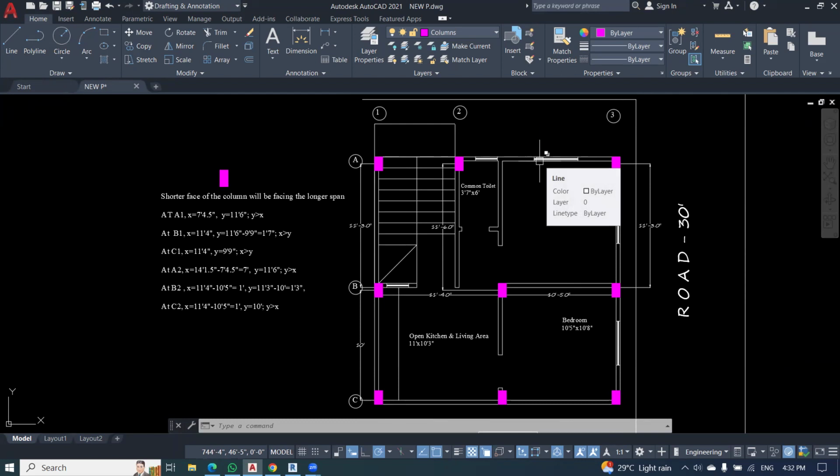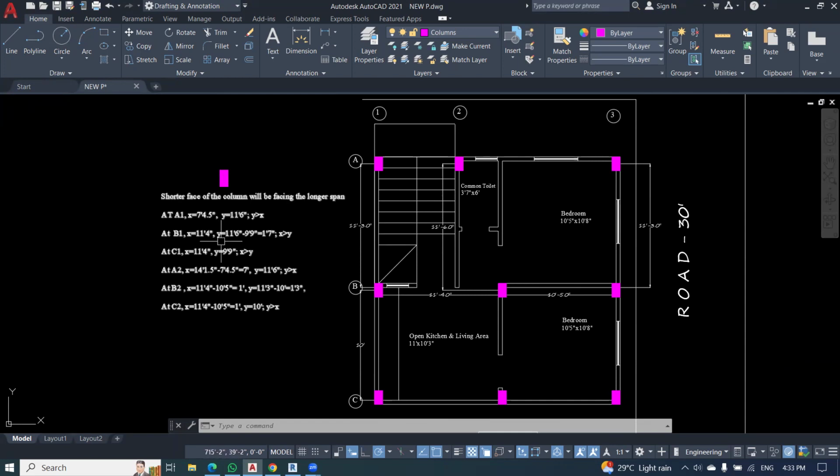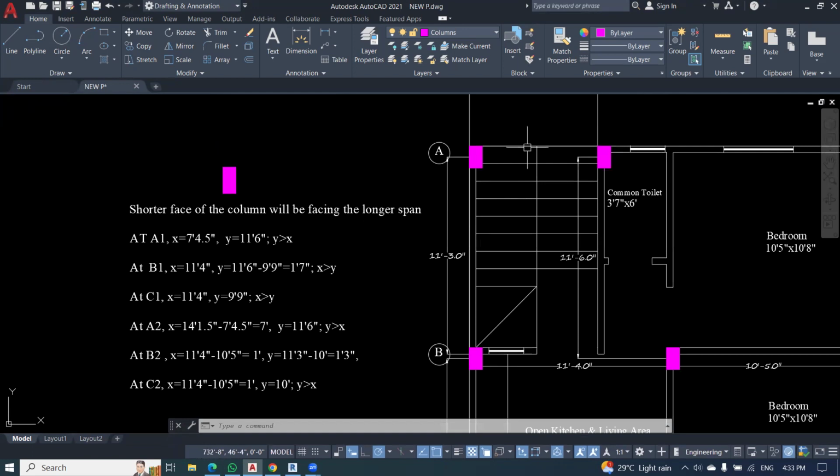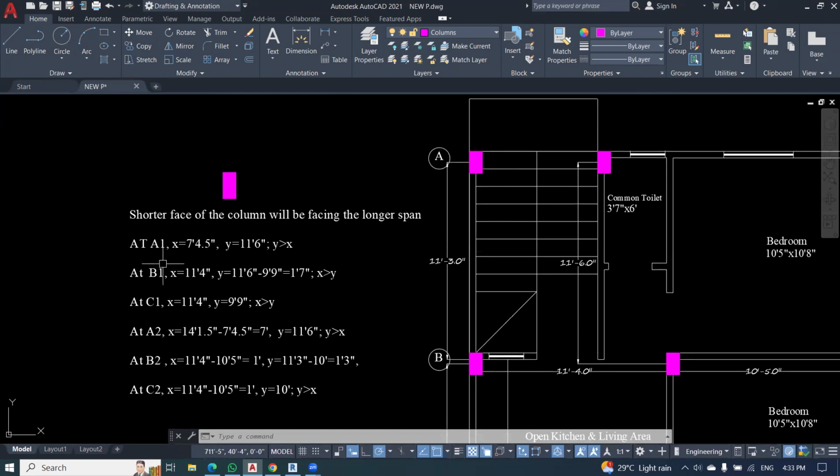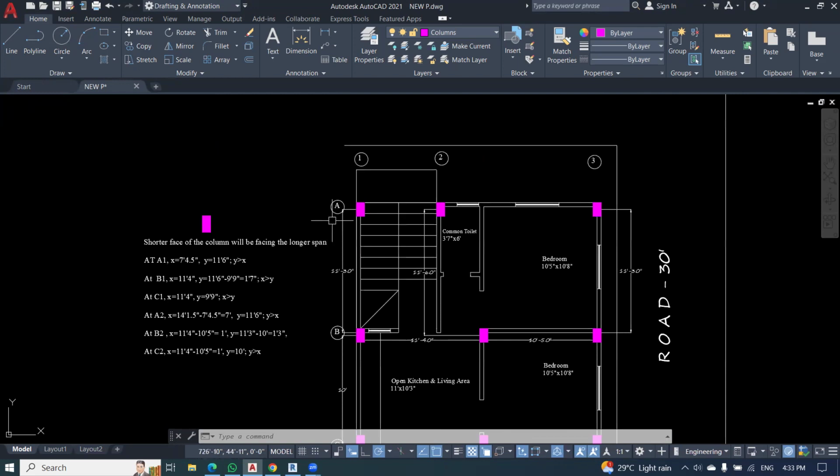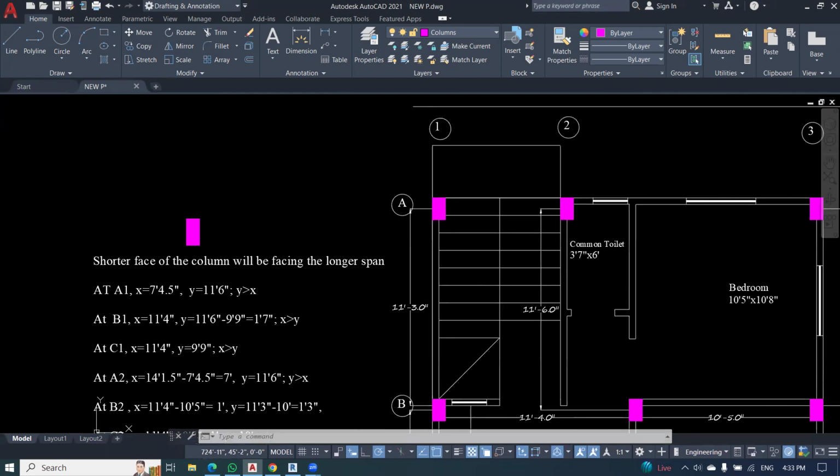These are just markings, a tag, just a notation. Now column one is represented at A1, which means at point A1 we have the column.